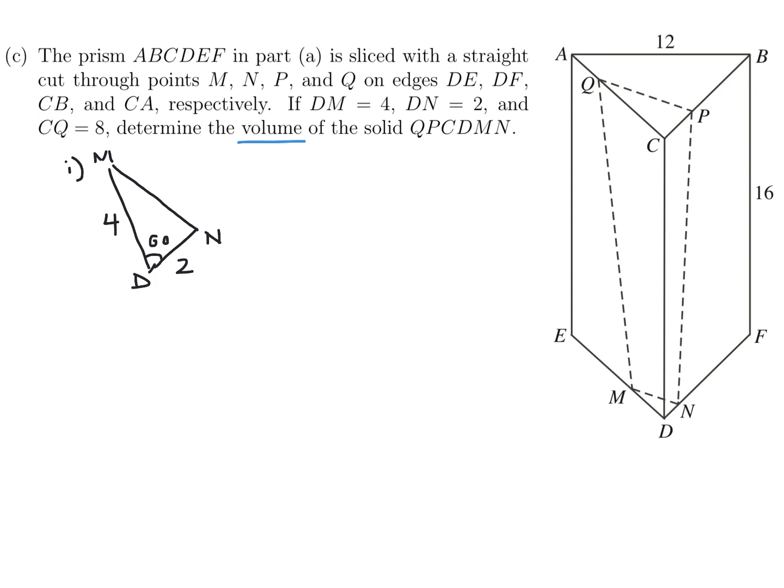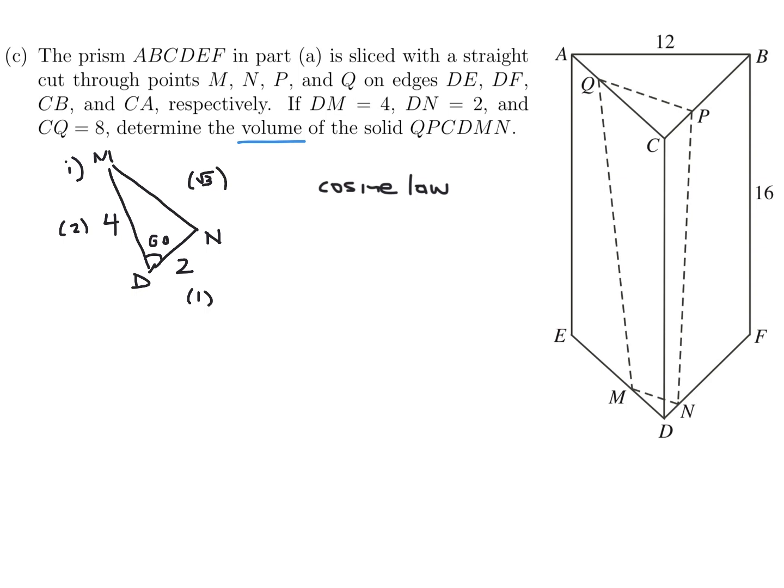Those of you who are experts on 30, 60, 90 triangles know that the ratio of the sides of a 30, 60, 90 triangle is 1, 2, and root 3. They have shown you that two of these sides have that ratio, including the angle of 60 degrees. Or you can use the cosine law to figure out the length of MN.